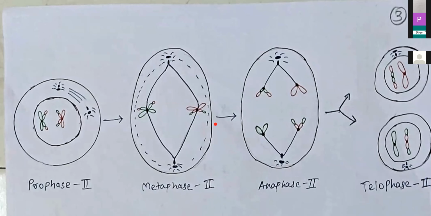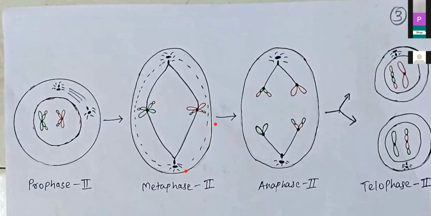Then in metaphase 2, these recombinant chromosomes arrange themselves on an equatorial plane individually, each one centromere at the equatorial plane, and two chromatids are hanging. Each one is attached with microtubules coming from opposite poles, both side poles, one from here, one from here. So that's the way the arrangement happens.